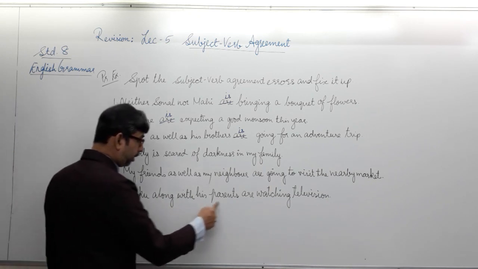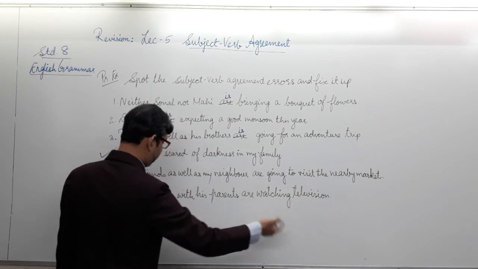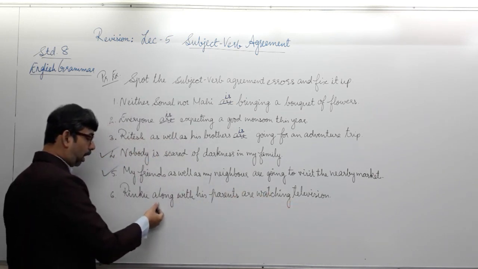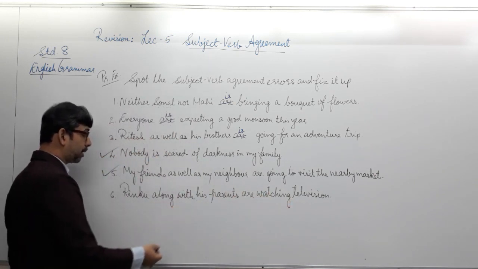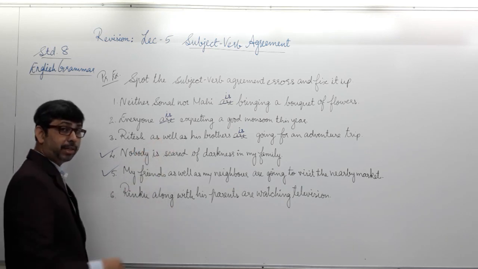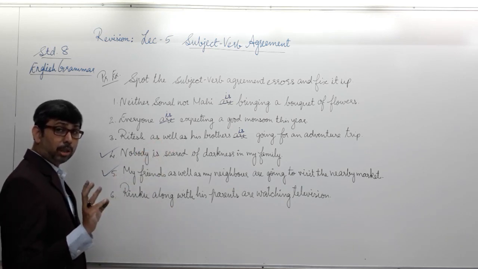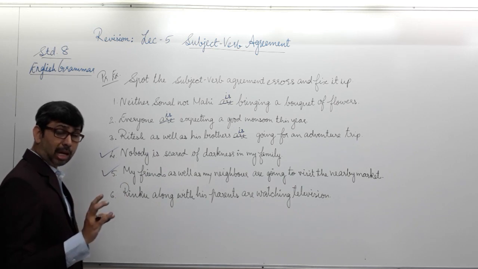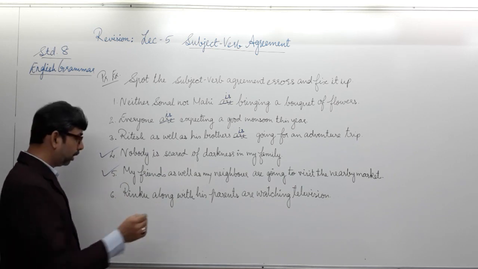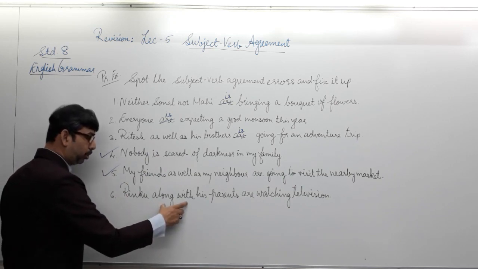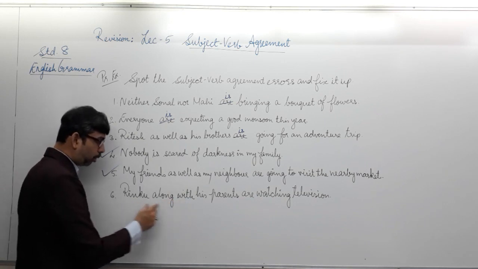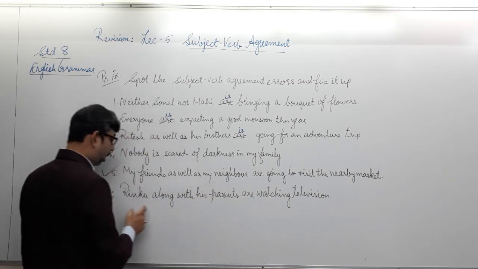Rinku, along with his parents, are watching television. So once again, have a look. We have the phrase "along with", just like we had "as well as" as the connecting phrase. We learned three things: "as well as", "with", and "along with". Here, the phrase "along with" has been used with two nouns, Rinku and parents. So what are we going to do?